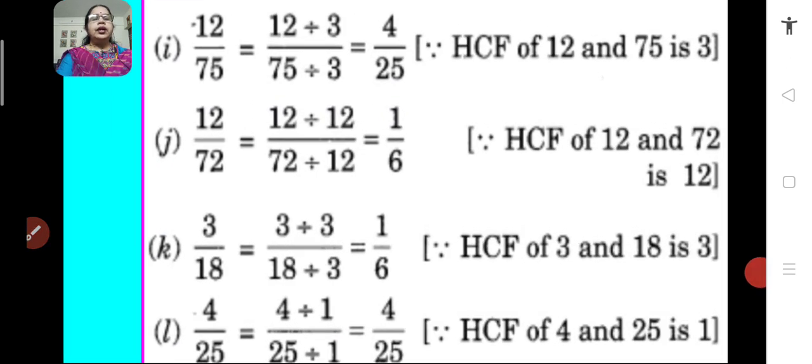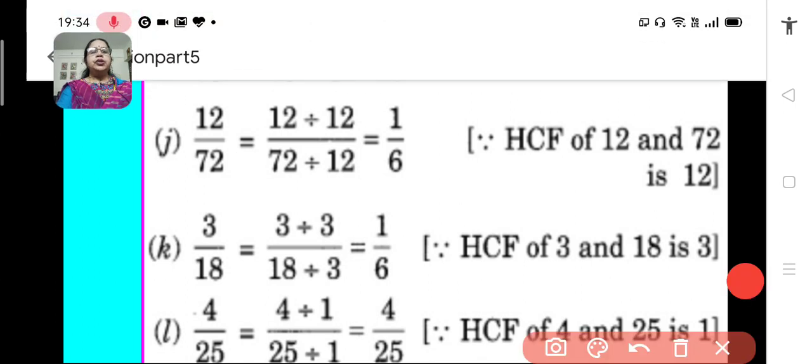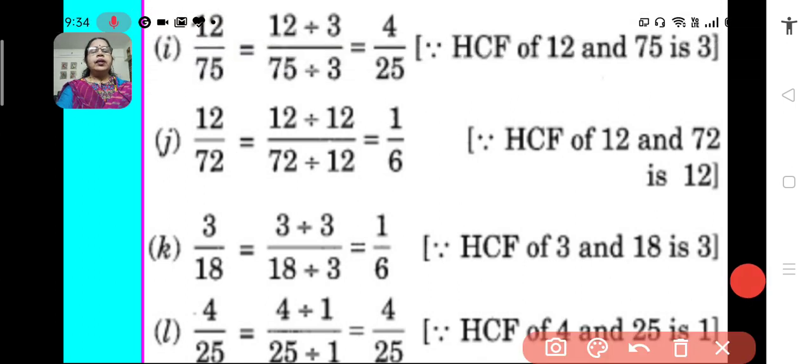Now, here in this group we have first one 12 upon 75. It can be represented as 4 upon 25 because the HCF of 12 and 75 is 3. Then 12 upon 72 can be expressed as 1 upon 6 because when we find the HCF of 12 and 72, it is equal to 12.